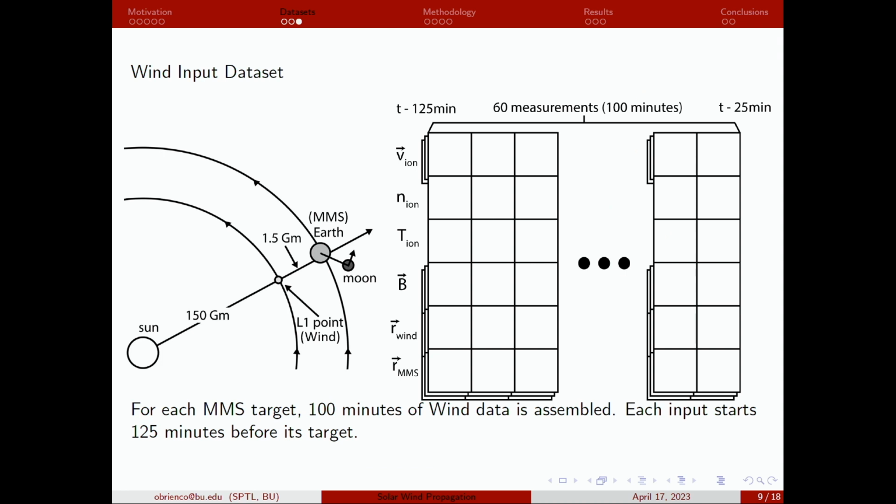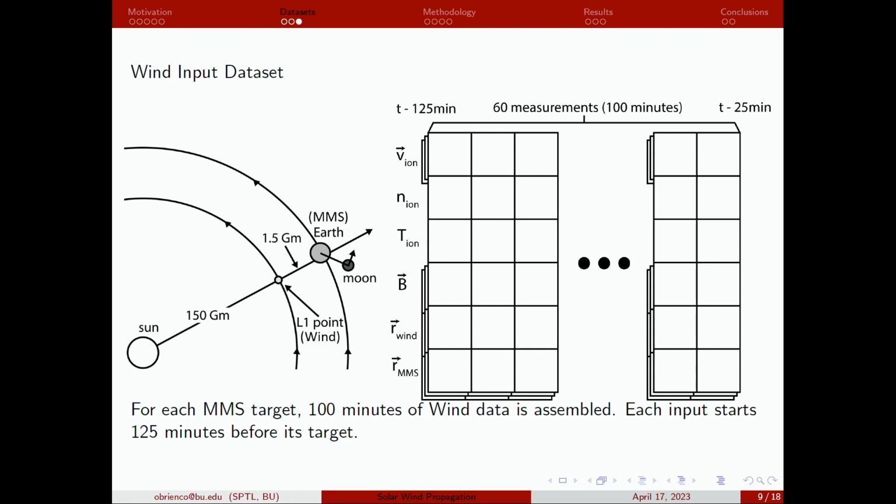For our input data, 100 minutes of wind data is assembled for each target. This 100-minute time series begins 125 minutes before the target and ends 25 minutes before the target, with a stride of 25 minutes, in time series jargon.